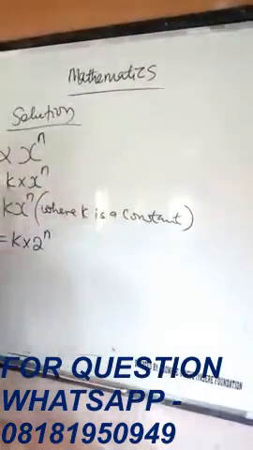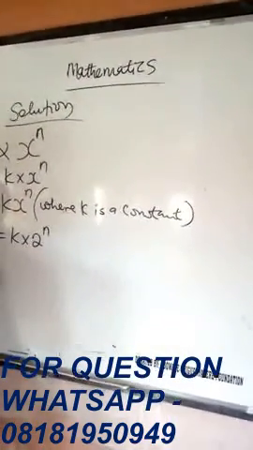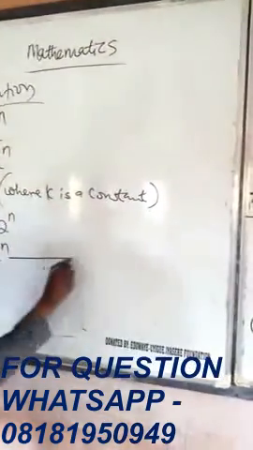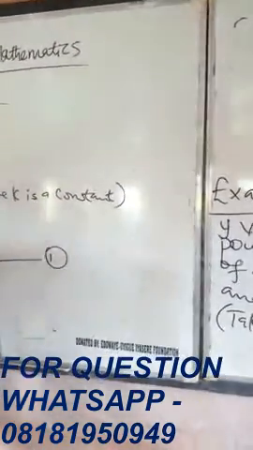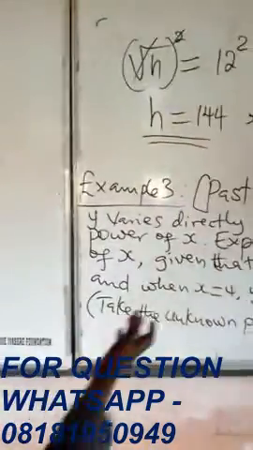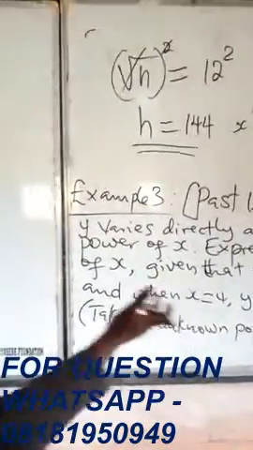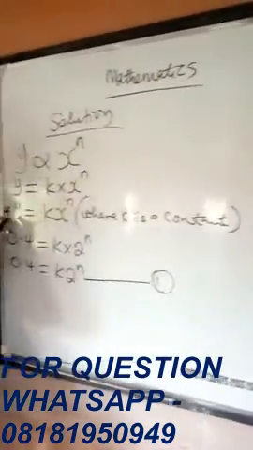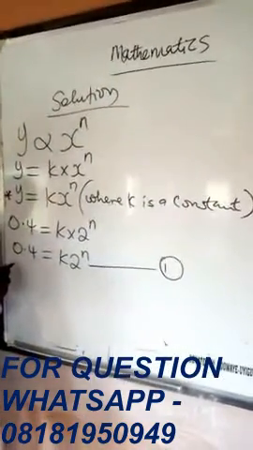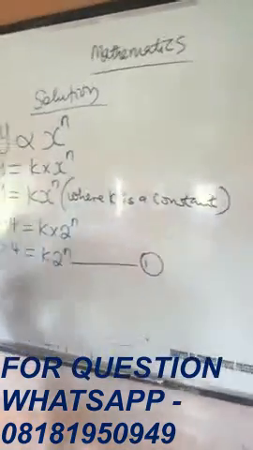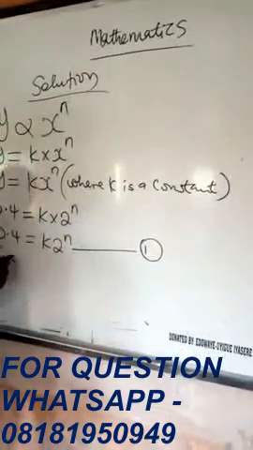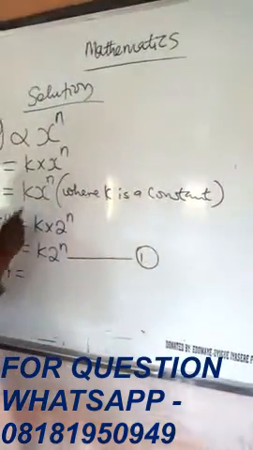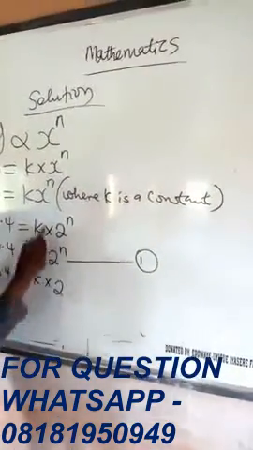And that will give us 0.4 equals k 2 raised to power n. We call this one equation 1. Now, another one was given when s is 4, y is 6.4. So, when s is 4, y is 6.4. I substitute for y, 6.4 equals k times 4 raised to power n.